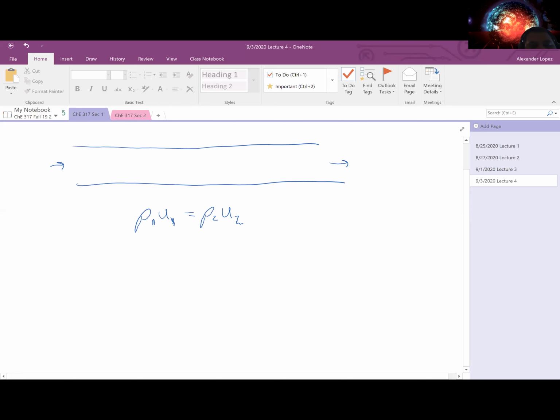And the question was, what happens to density and velocity as the fluid moves through the pipe? Keeping in mind, we were really looking at compressible flow.